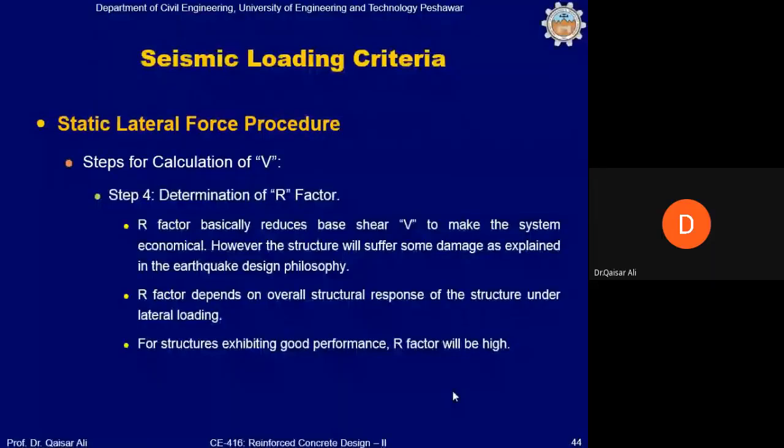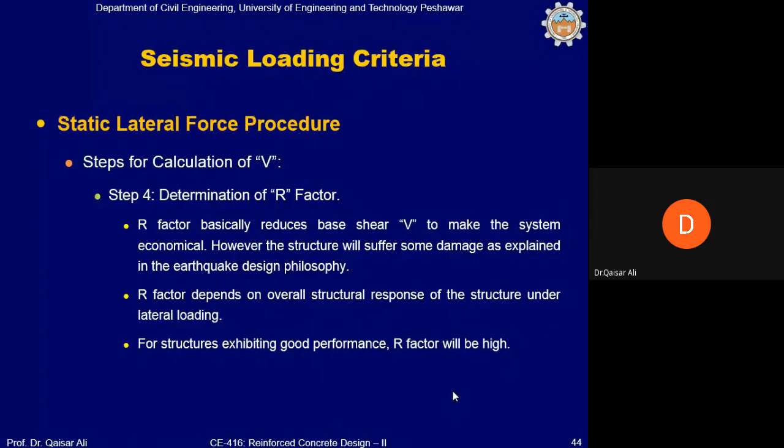So the R factor cannot be kept high for rigid masonry structures, as compared to flexible structures, steel structures, or properly designed reinforced concrete frame structures. It is possible to design those structures such that the damage is controlled after a lot of inelastic deformations, and life safety is ensured.